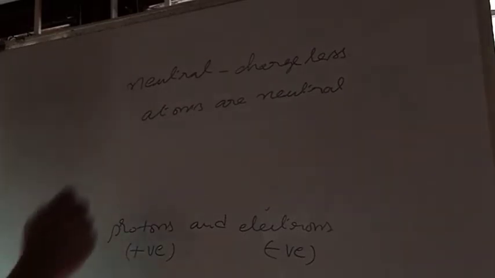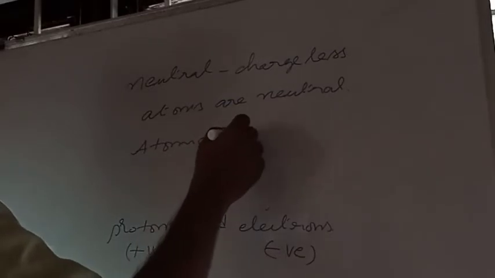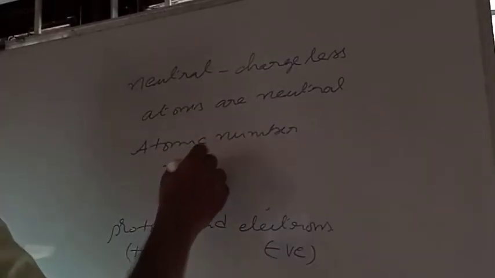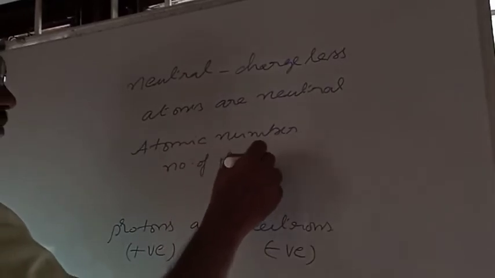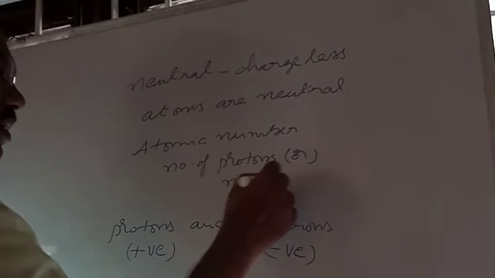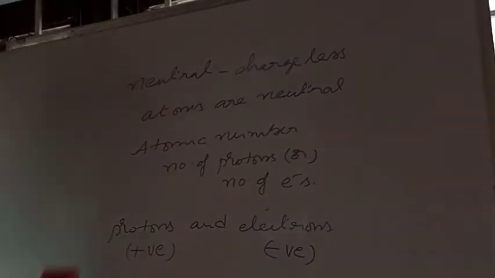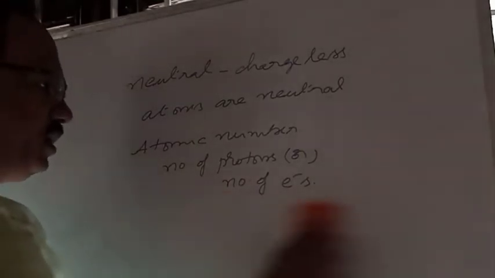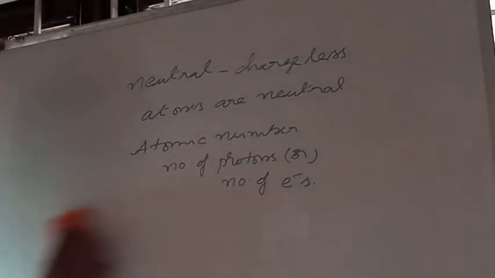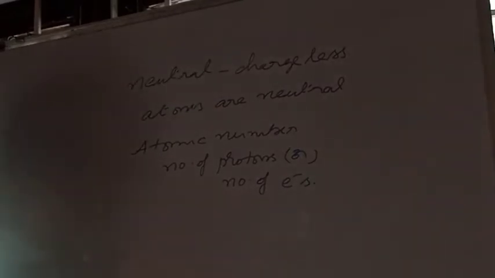We know that atomic number is nothing but the number of protons or the number of electrons present in an atom.